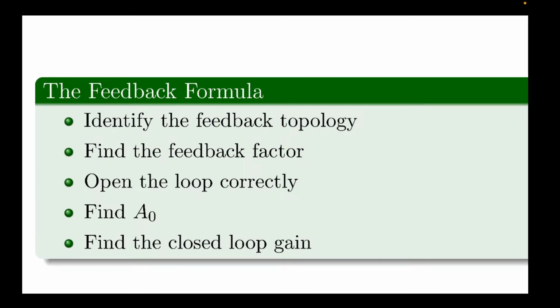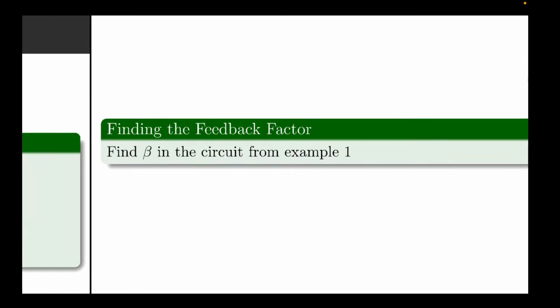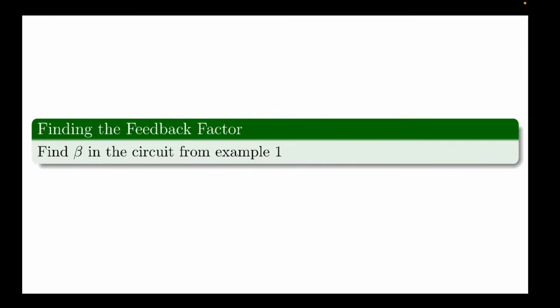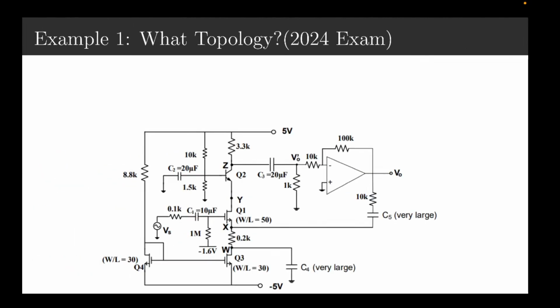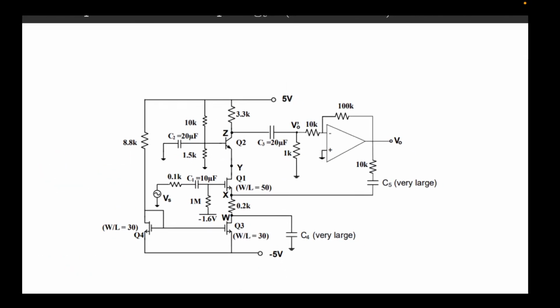I think the way that's been explained in the lectures is sufficient, but I'm going to show a little different perspective on this. Then we're going to find the open loop gain and then the closed loop gain, and the rest is pretty simple. Okay, so let's find the feedback factor from example 1. We can screenshot this.